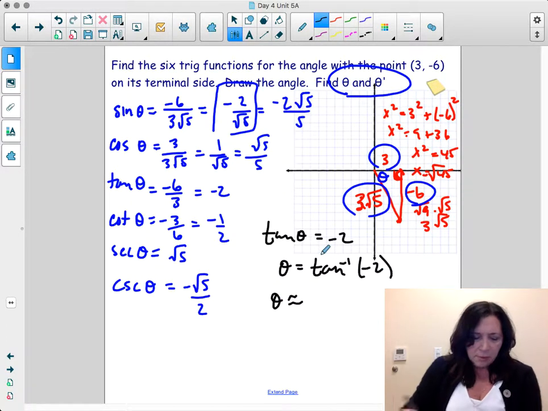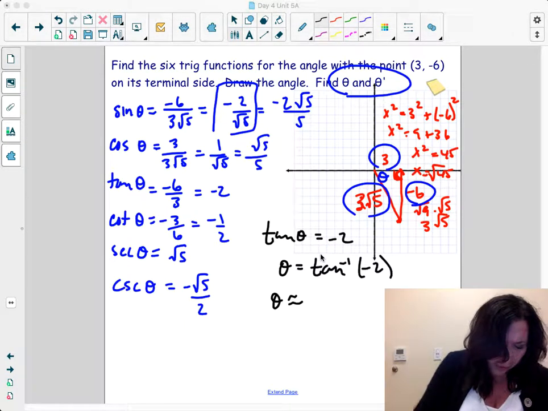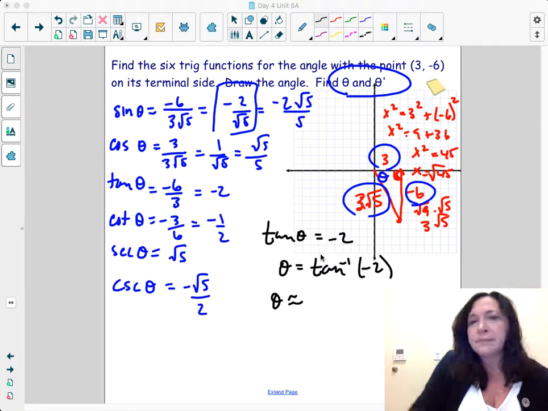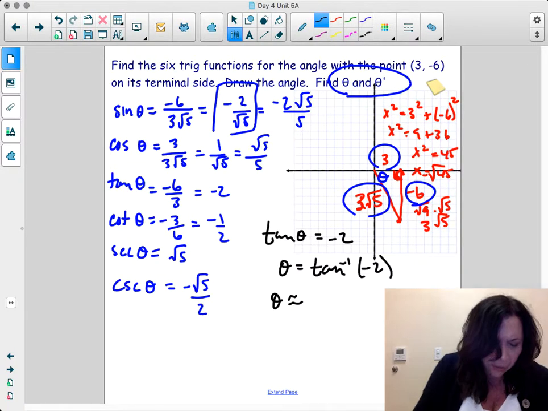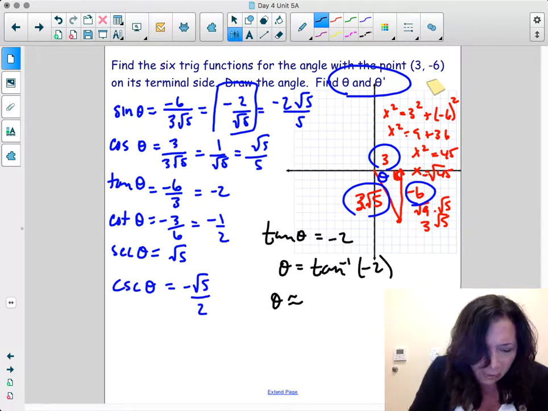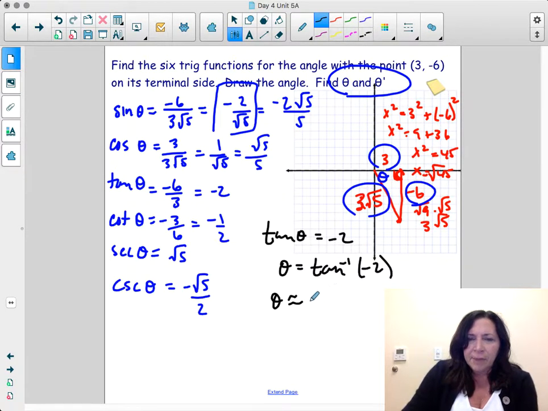Theta is about, let's see what it is. Okay, so we're going to take arc tangent of -2 going to get that value. I get 63.4. So it's a negative, but that's not negative.